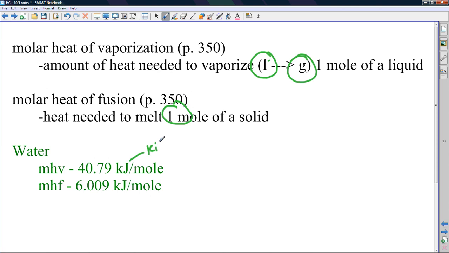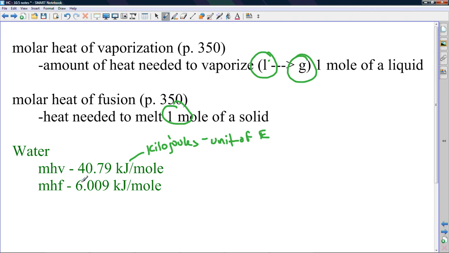This is what's called kilojoules. It is a unit of energy. So it's 40.79 kilojoules per mole to vaporize water. It's 6 kilojoules per mole to melt water.